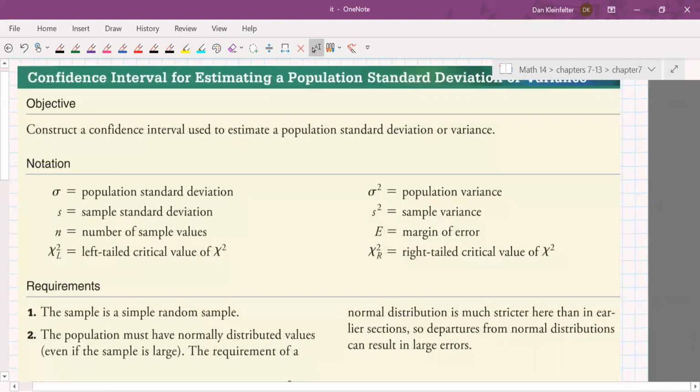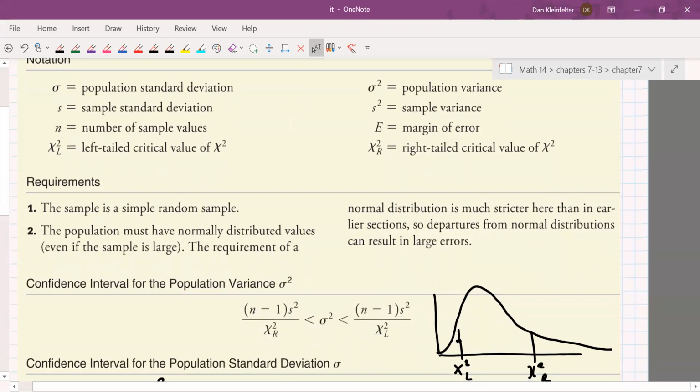So as always, the fine print. The usual definitions: sigma is the population standard deviation, s the sample standard deviation, n the sample size, the chi-squared left and right that we saw, E the margin of error, and then we also have the variance for the sample and population.